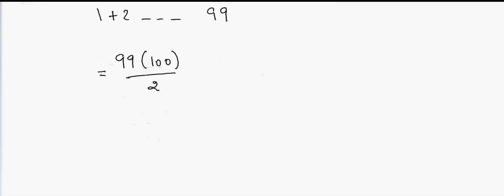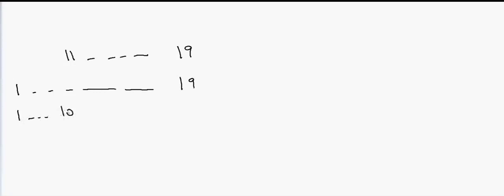So now suppose instead of 1, the number starts from somewhere else, suppose it starts from 11 and goes until 19, so how will I do that? In that case, I'll first add 1 to 19, and then I'll subtract 1 to 10 from it. So how will I do that?